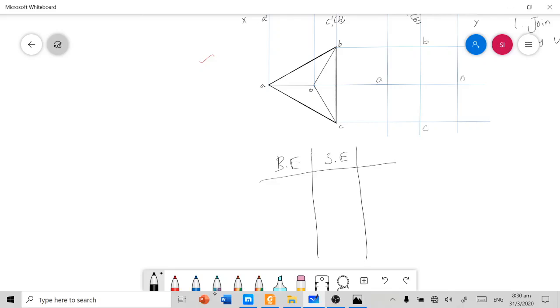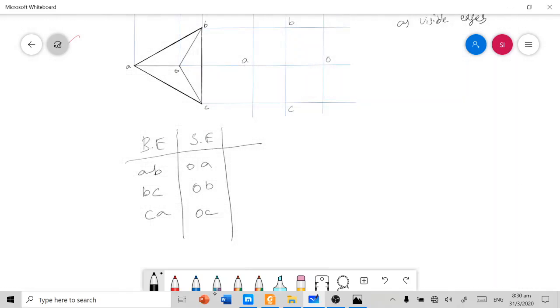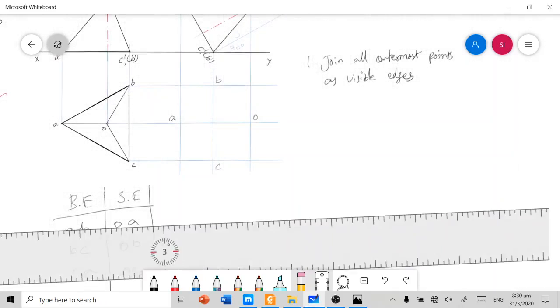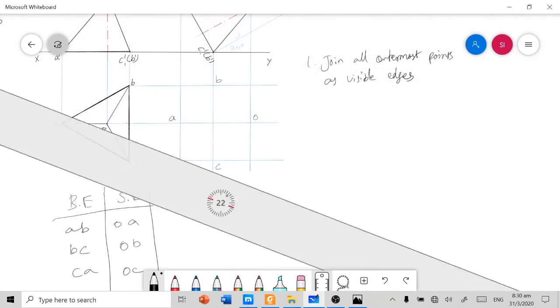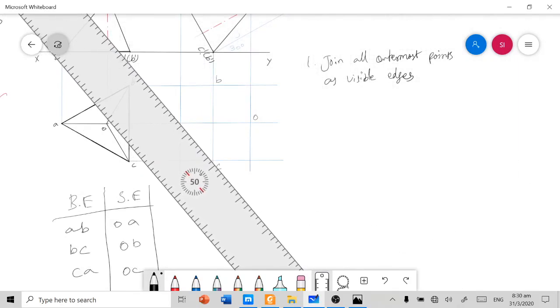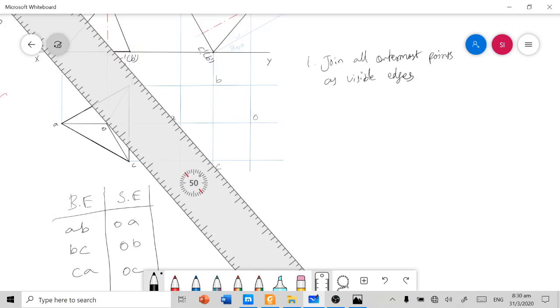It's actually very similar to a pyramid, so there are no faces, only the base. The base edges are AB, BC and CA, and the side edges are OA, OB, OC. Totally there are 6 edges. Out of the 6 edges, first we need to connect all the outermost corners as visible edges. Let me connect.